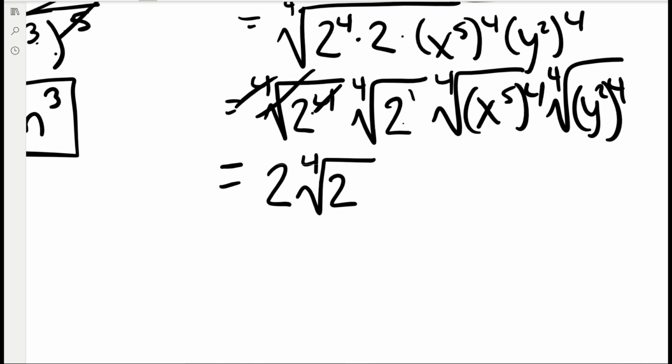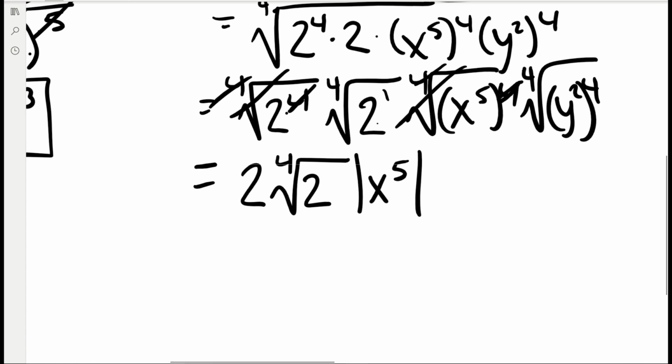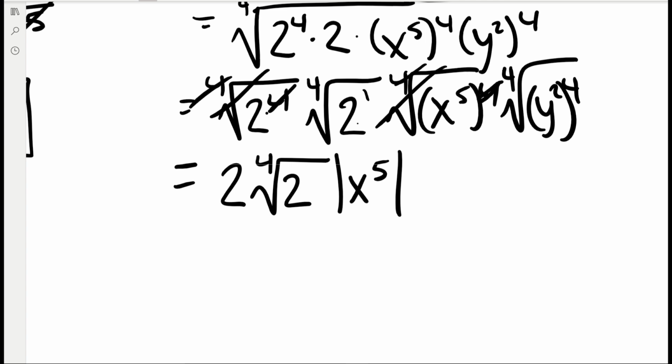Now for this, I got a 4 here, so I can cancel that 4 on the outside with this radical. So that leaves me with x to the 5th. But remember, I need to include the absolute value here. So this is going to be the absolute value of x to the 5th. All right, and then for the y squared, the 4th cancels out, leaving me with y squared. And then I just got to make sure that I include the absolute value.